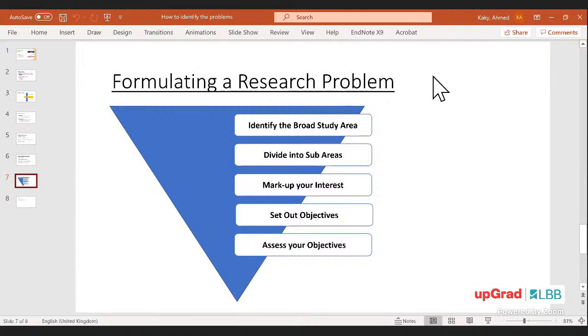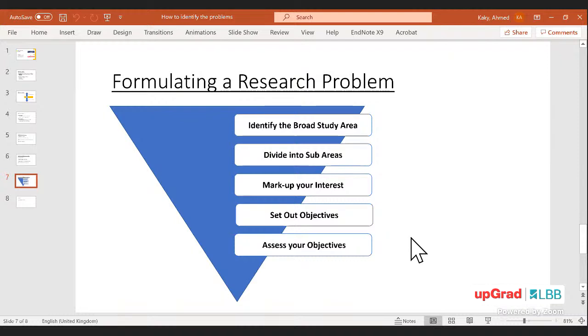So I will go back to explain these different steps, in case that you had the problem with the voice. First of all, we need to define our broad study area.